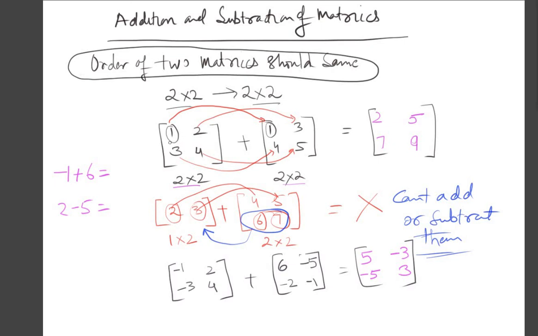They follow the same rules of arithmetic as when we're dealing with positives and negatives, but it's done at an individual element level. So that basically is addition and subtraction of matrices, and that's what we've covered today.